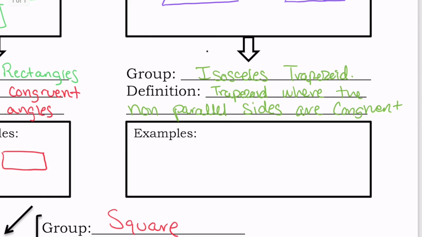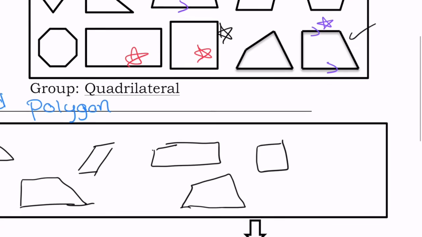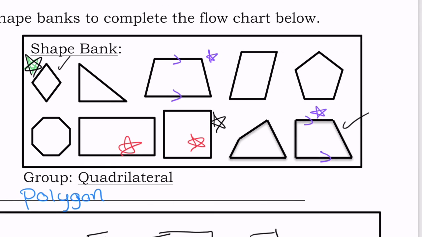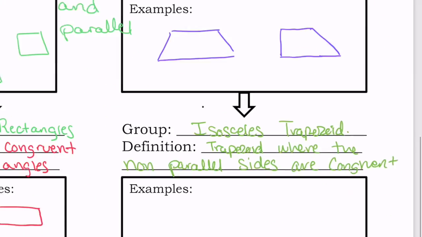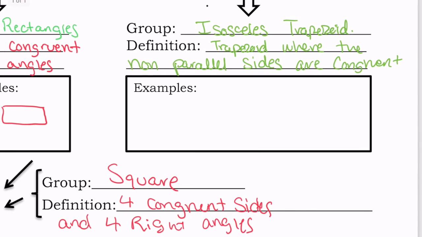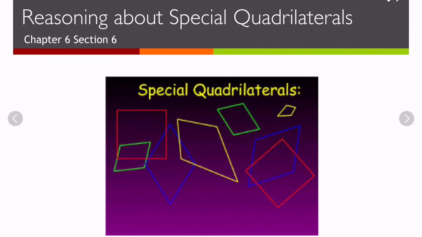Now if we just look up what examples we have, of our two trapezoids, it doesn't look like these two sides are congruent on this trapezoid. These two sides don't quite look congruent. But these sides right here look congruent. That's our example of an isosceles trapezoid. So we're going to sketch that one in right here. Okay, and there you have it.